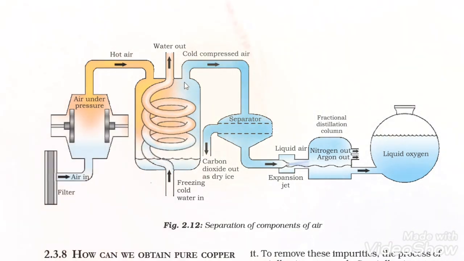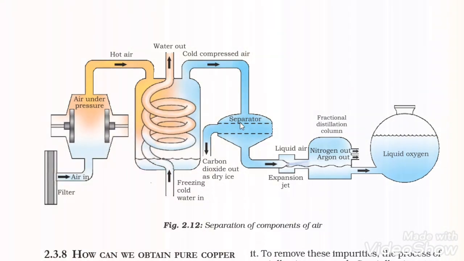Now cold compressed air is passed through this pipe into a separator. Means from this portion, the cool air passes into this separator where carbon dioxide gas is separated in the form of dry ice.